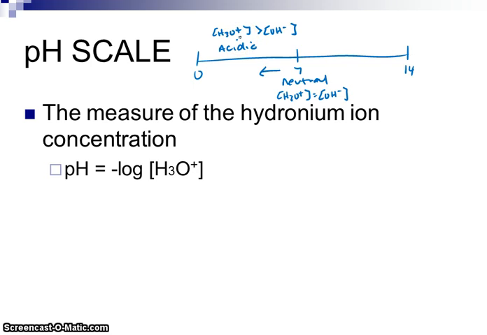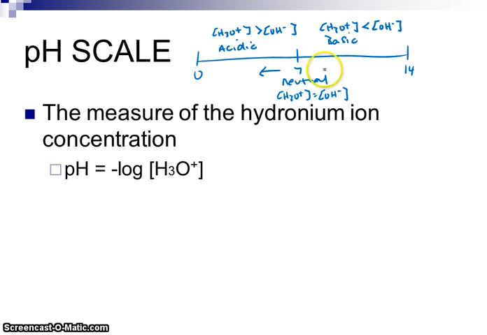The more hydronium ion we have, the lower the pH is, and the more acidic the solution becomes. If, on the other hand, our hydronium ion concentration is less than our hydroxide ion concentration, we define the solution as being a basic solution.